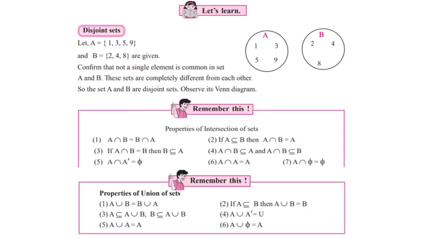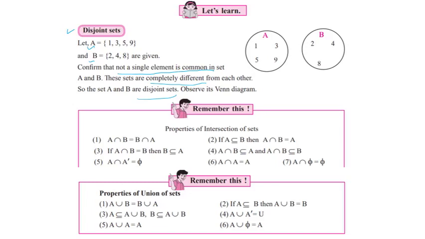Now the next definition is disjoint sets. We will learn this definition with the help of an example. Now see, A and B, two sets are given. Confirm that not a single element is common in sets A and B. If there is no single element common, then both sets are completely different from each other, and these sets are called disjoint sets.